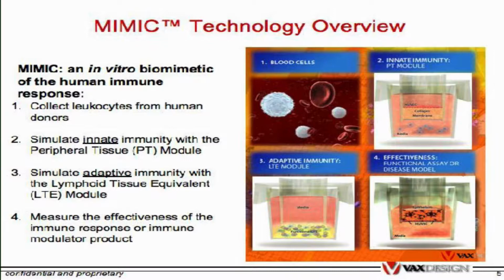So one of the nice things about our system is we use primary cells. We don't use cell lines. The primary cells that we use are autologous for each test. And what I mean by that is we maintain the autonomy of the individual donor in the test from the beginning to the end. So the response that we see in any particular test remains the response of that individual's cells.